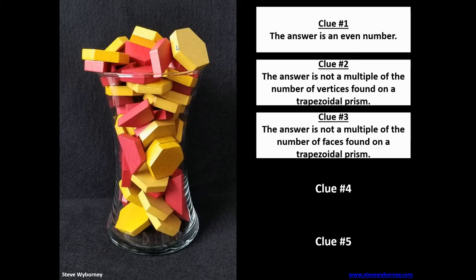So in addition to the numbers 8, 16, we should be writing these down right now if you don't have a hundreds chart in front of you. So it cannot be 8, 16, 24, 32, 40, 48, 56, 64, 72, 80, 88, or 96, because we know those are multiples of 8.